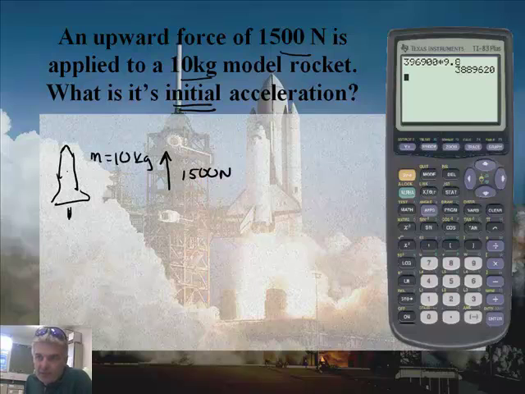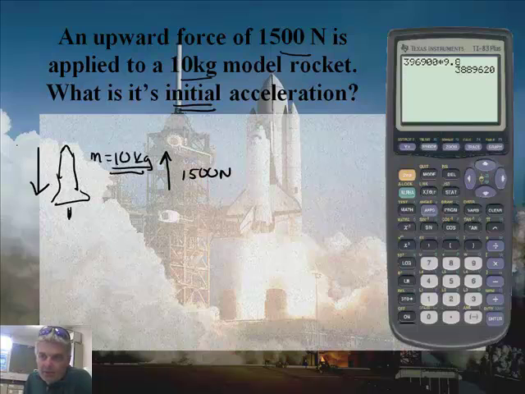This object has a particular mass, so there's a force going downward, the force of gravity, which is equal to F is equal to ma. There's a downward force and an upward force. I have to calculate the downward force, and then I'm going to subtract.